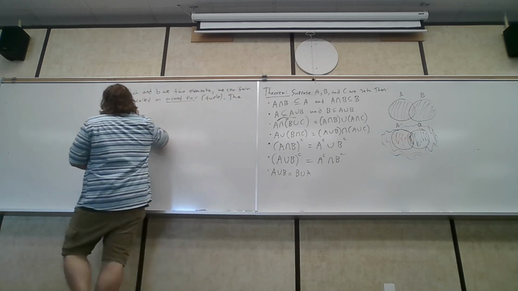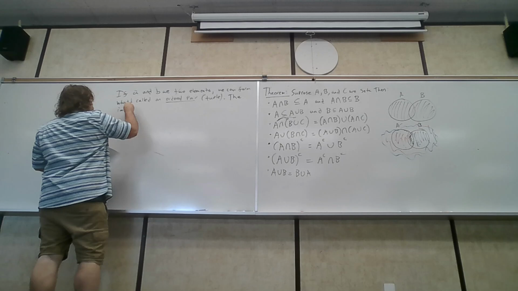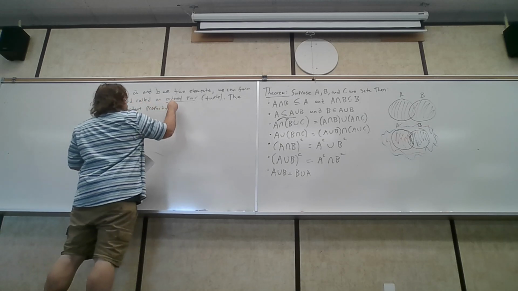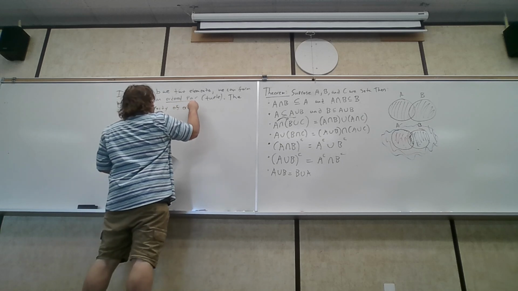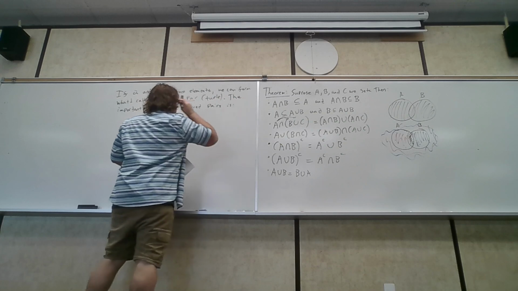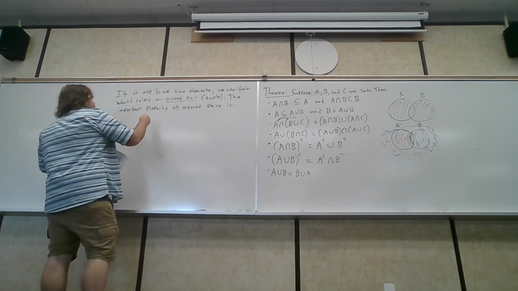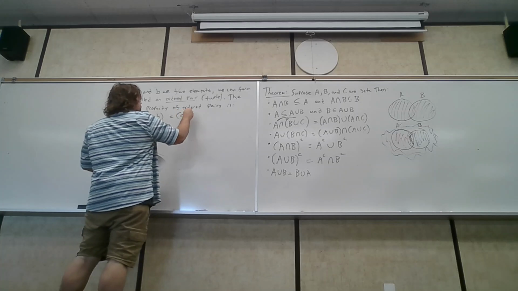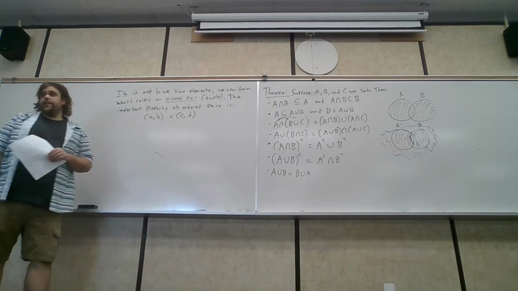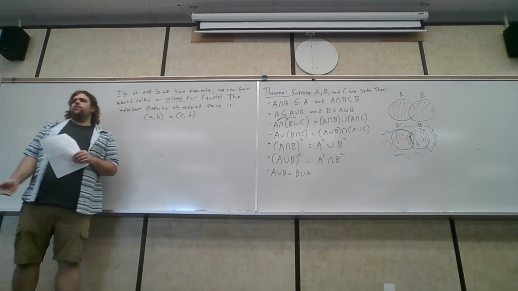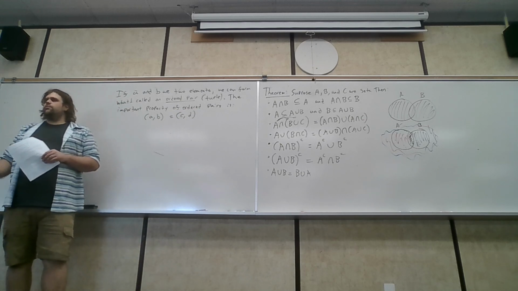So the important property of ordered pairs is the following. If you have two different ordered pairs and you say they're equal to each other, well, just think in terms of, you know, coordinates, right?